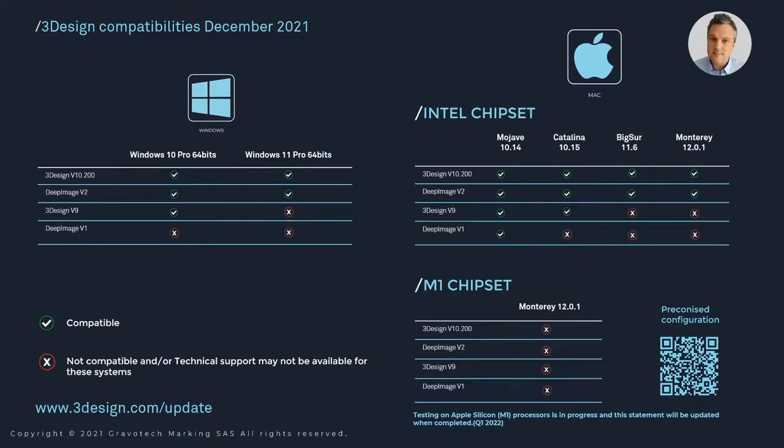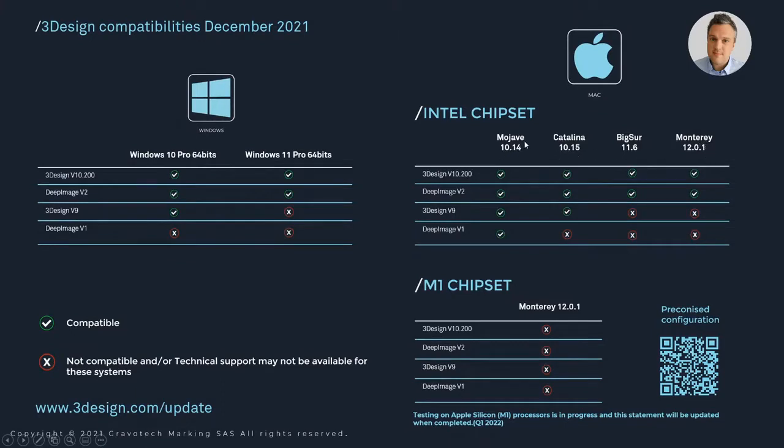Concerning Mac, we still continue the maintenance on Intel chipset. As you can see on the right, we have all the OSes we are compatible with. 3D Design v10.2 is still compatible with the last OS from Apple, Monterey.